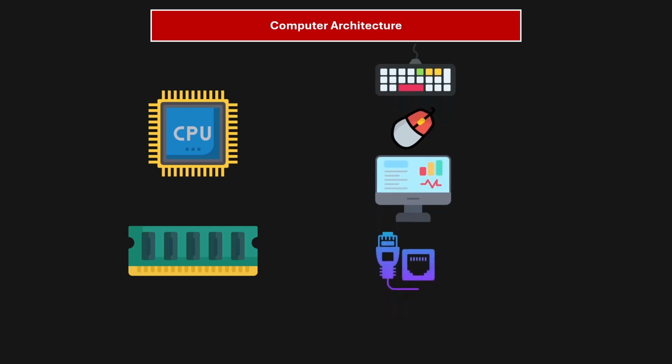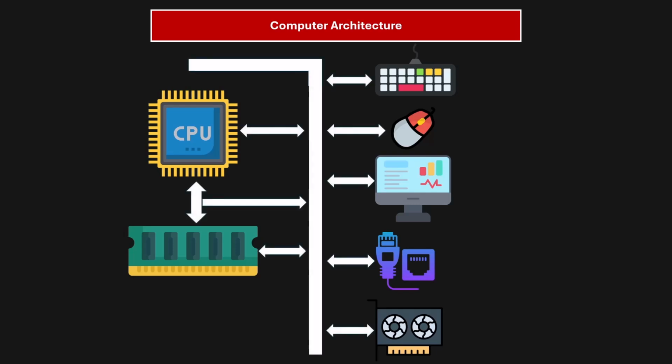If graphical processing is needed, we use a graphics card, along with other components as required. To enable communication between these hardware components, we need a path, or a bus, to which the hardware devices can connect in order to send and receive data. This was a very simple introduction to modern computer architecture.